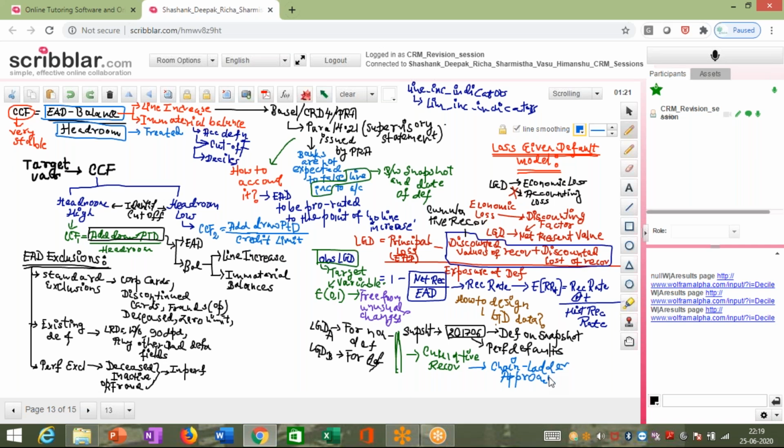Once I have the cumulative recovery, I'll get the cumulative cost. Subtracting them relative to the historical recovery rate, I'll get my expected recovery rate.